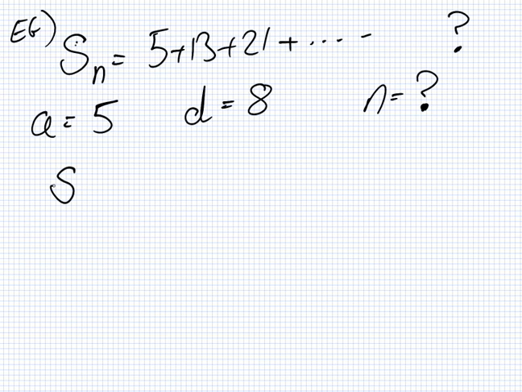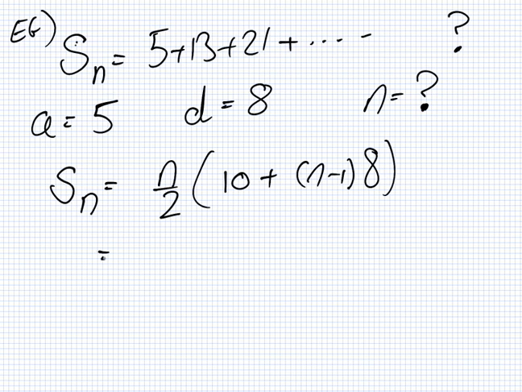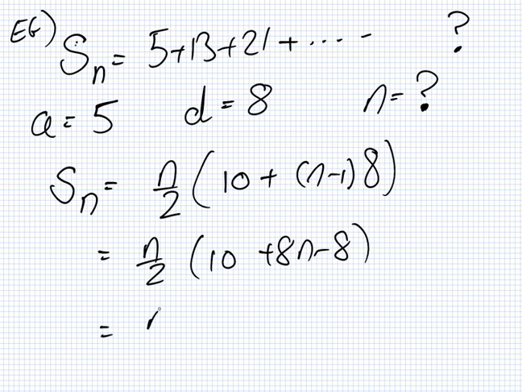So the sum of the first n numbers is n over 2, 2a plus n minus 1 d. That's n over 2, 10 plus 8n minus 8. That's n over 2, 2 plus 8n.